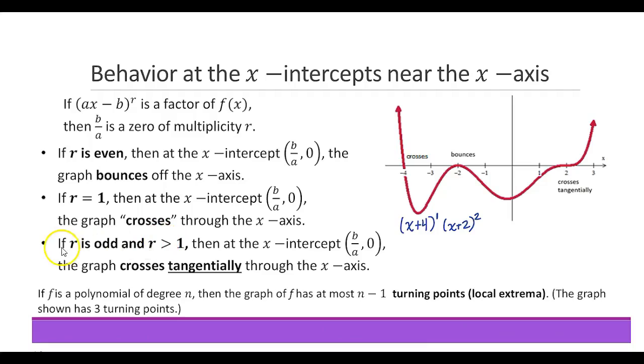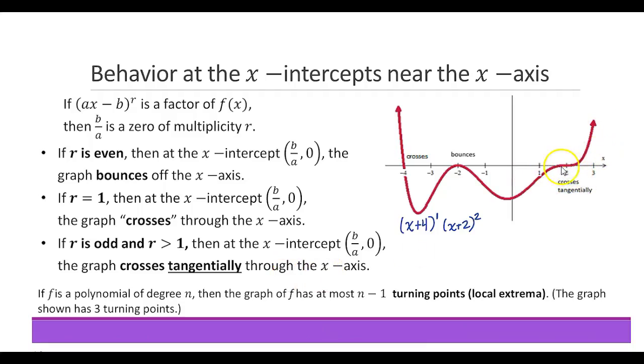So then finally, we have if r is odd and r is greater than 1. So now if the multiplicity r is an odd number, but it has to be bigger than 1, so 3, 5, 7, then at that x-intercept, (b over a, 0), the graph crosses tangentially through the x-axis. So it's still going to go through the x-axis, but it's going to sort of flatten out a little bit.